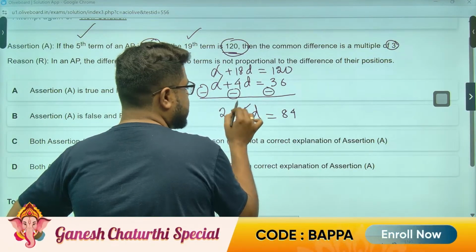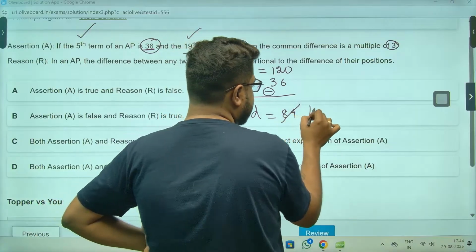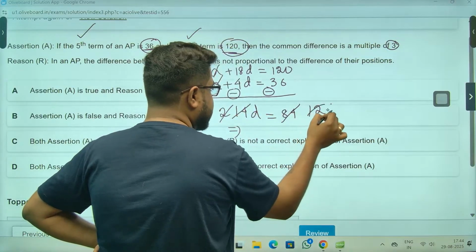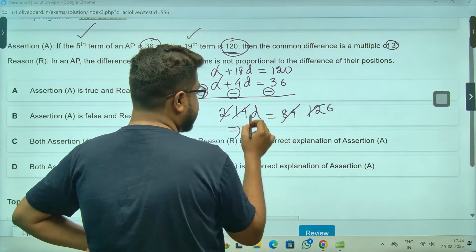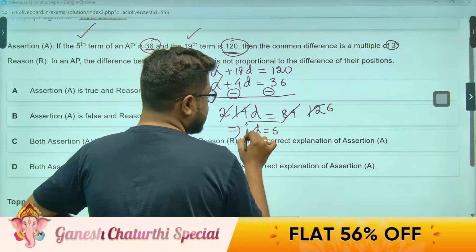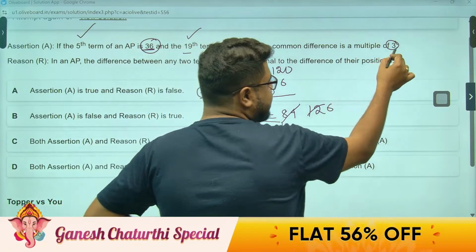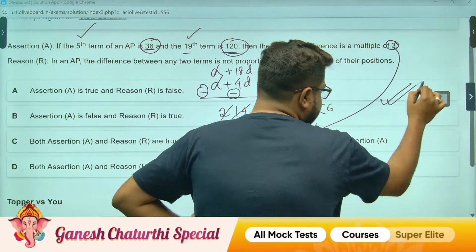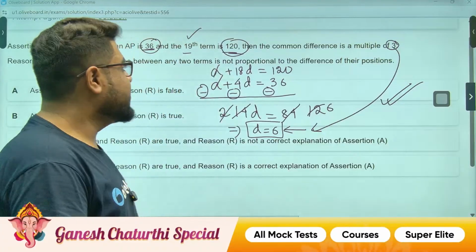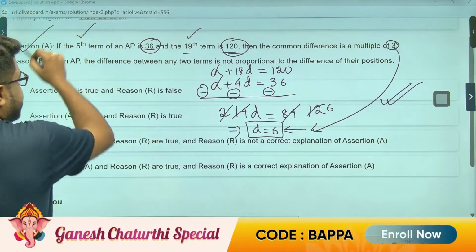So 7 2s are this. And 7s, sir, 7 12s. 6. Arey, 6 14s direct tha na. So D is 6. It's a multiple of 3. Yes, sir, it's a multiple of 3. Absolutely. So assertion is correct.